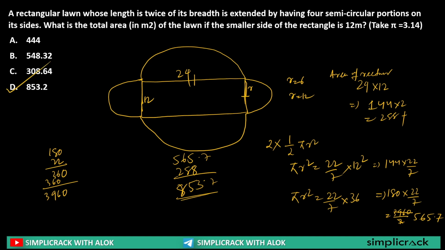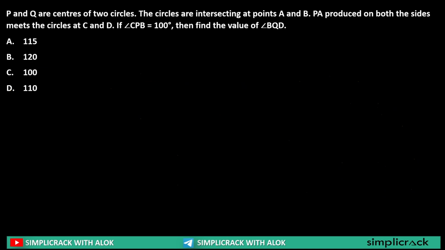I think I have missed something over here. 12 right, 36, 180, perfect, 180 into 22 by 7, perfect, 3960, it's correct. Okay, so this will be the answer.